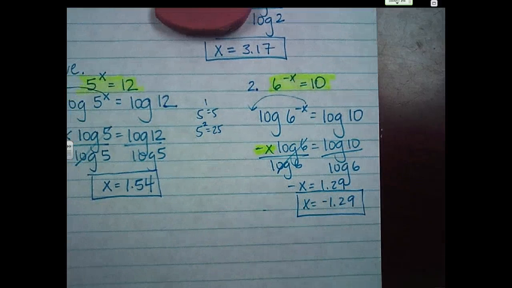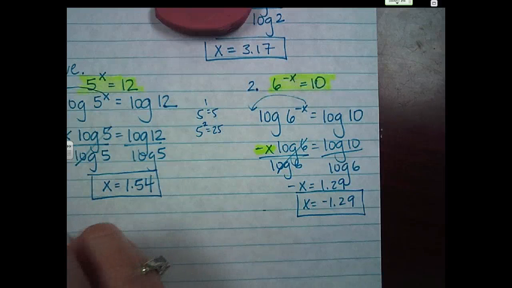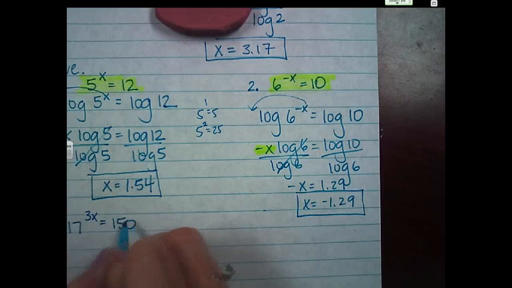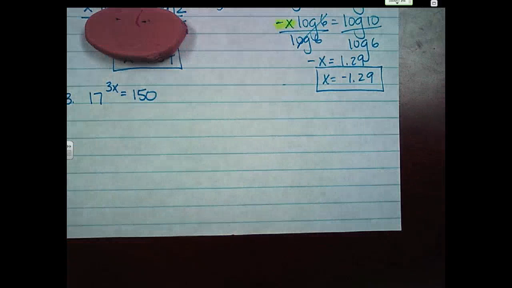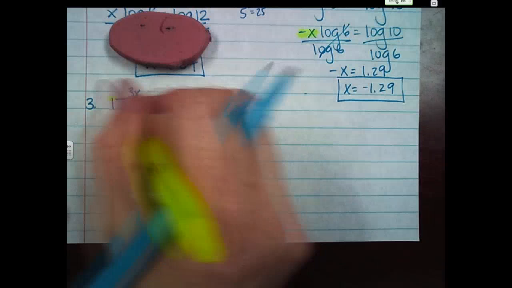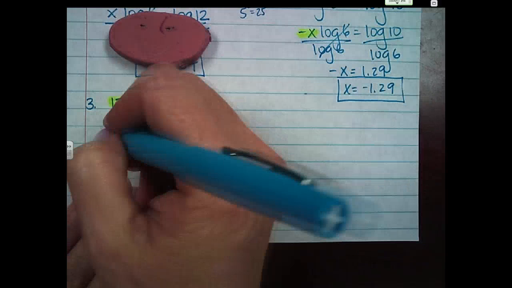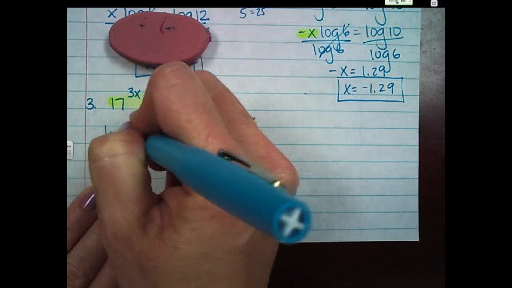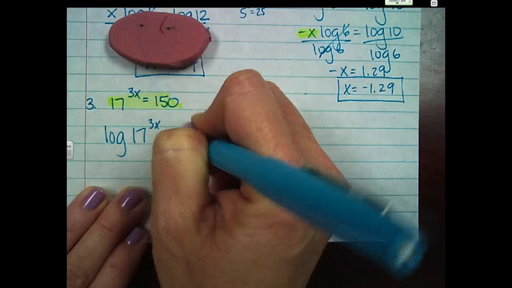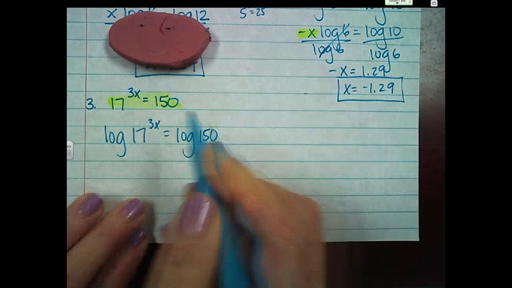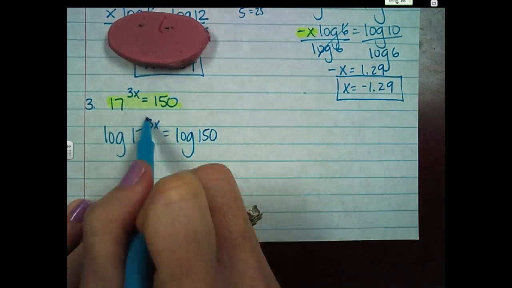Number 3. 17 to the 3x power equals 150. Okay, to push the 3x down, we're gonna log both sides. So log of 17 to the 3x equals log of 150. The property says that that's gonna push the 3x in front.